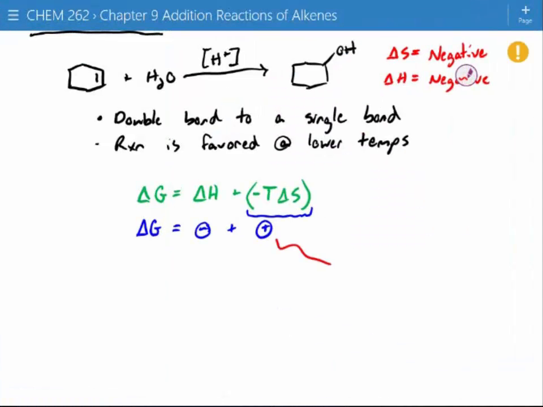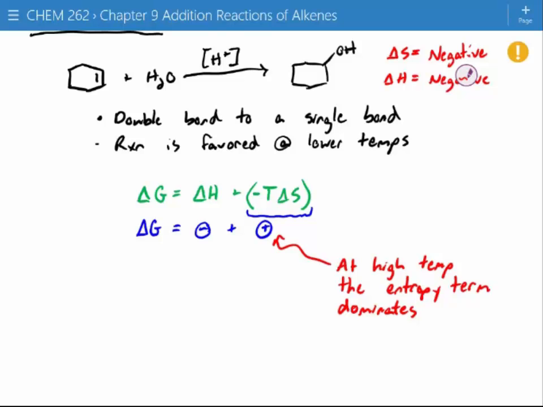So if we're running this reaction at high temperatures, this term will dominate, right? So at high temp, the entropy term dominates. Right? Because if we increase that T value, that number will become more and more positive.